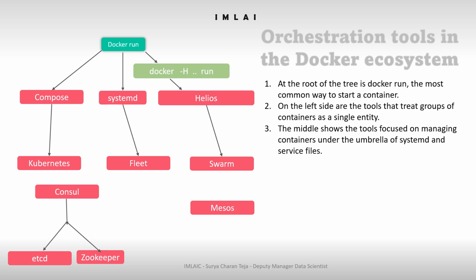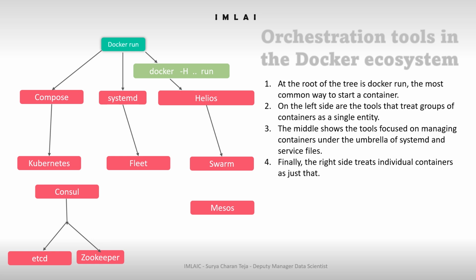Then finally, the last branch of our orchestration tool tree treats individual containers as such. We have Helios, Swarm and Mesos. They deal with individual containers and orchestrate based on the individual container only.